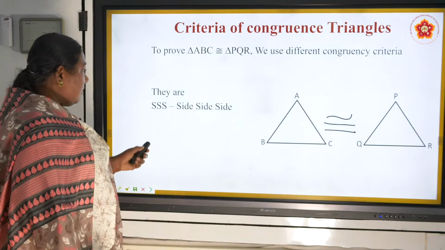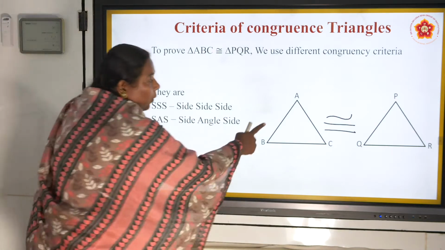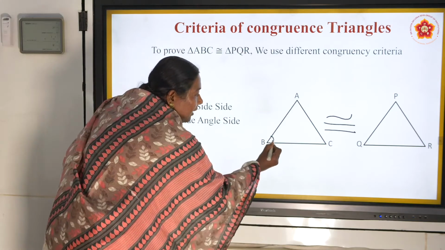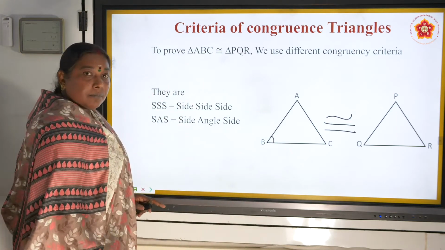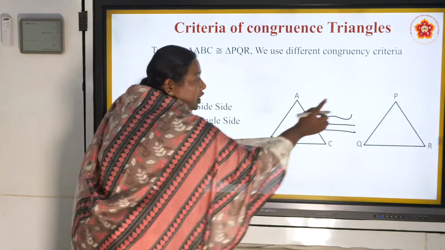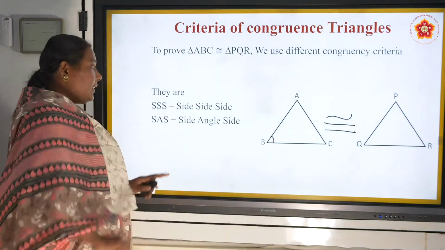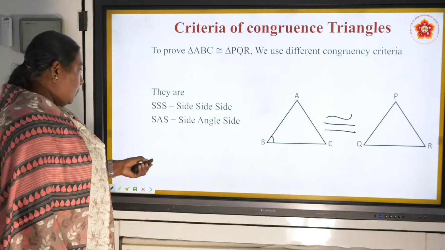Okay, next, side angle side. That means one side, angle and a side. If AB equal to PQ, angle B is equal to angle Q and BC equal to QR, then I can tell them as congruent.